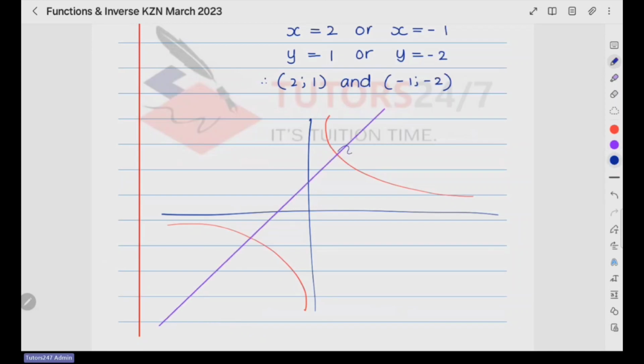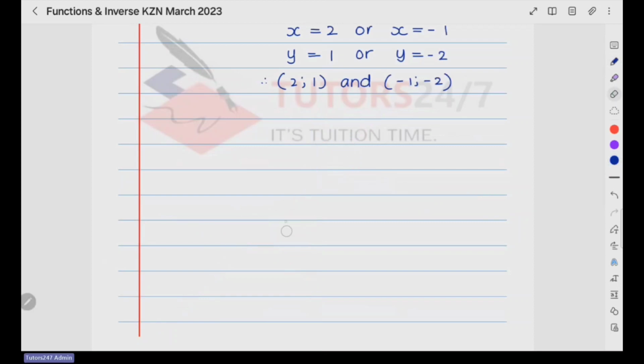So we can assume our points of intersection to be here. This is what it means when two functions intersect one another. It is when they cut each other. Now take note, this is a rough sketch. It's not drawn to scale, nor are the points accurate. It's just for you to get an idea of what's going on. So let us go to the next question.